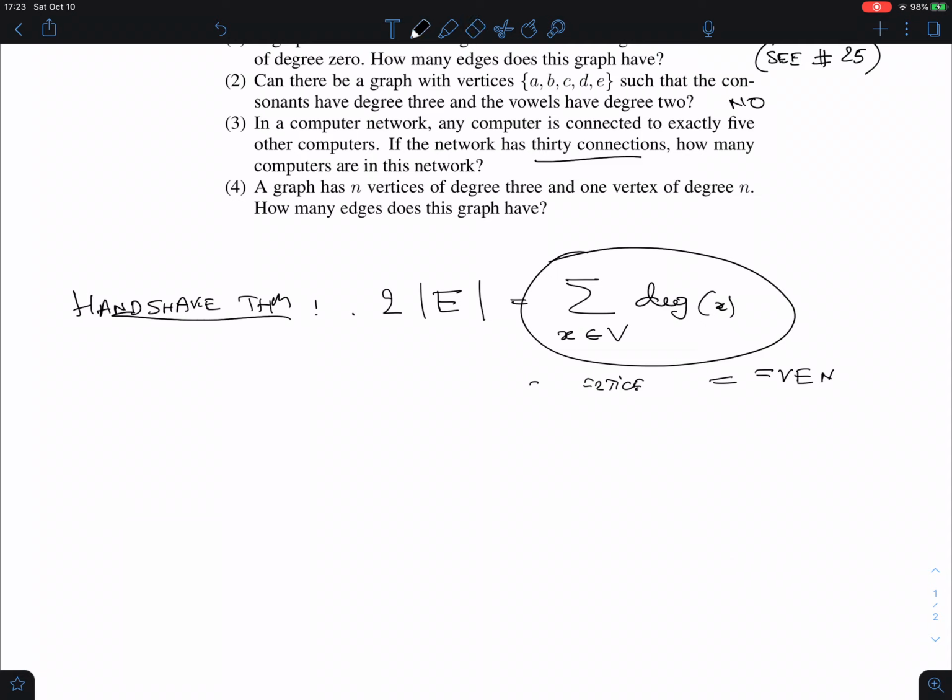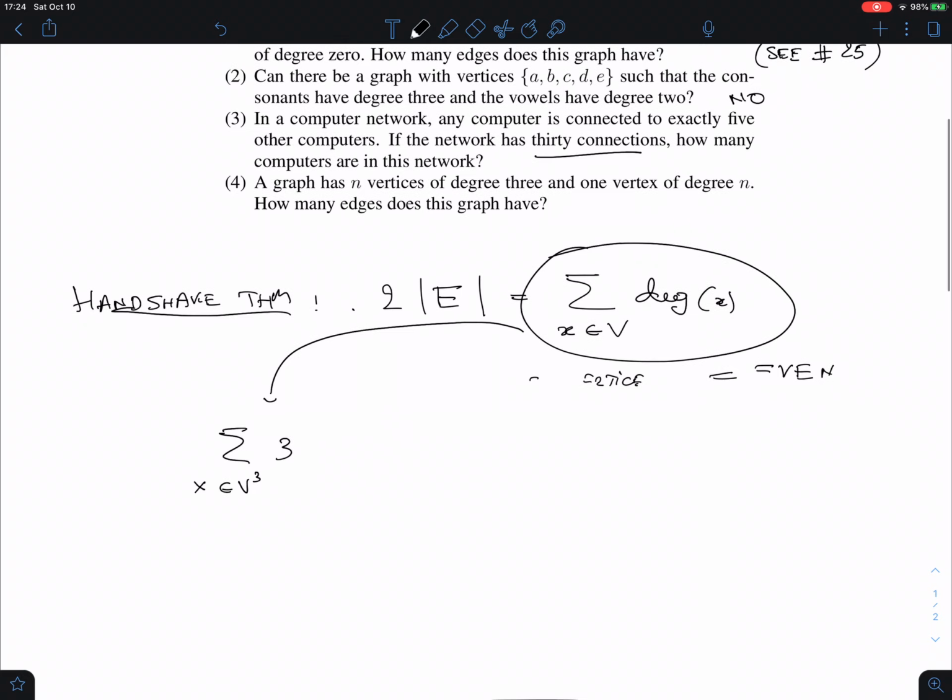Okay, so let's calculate this here. Now, there are 2 types of vertices: the ones of degree 3, and there are n of them, and then 1 more. I'm sure everybody sees it, so let me say it quicker.